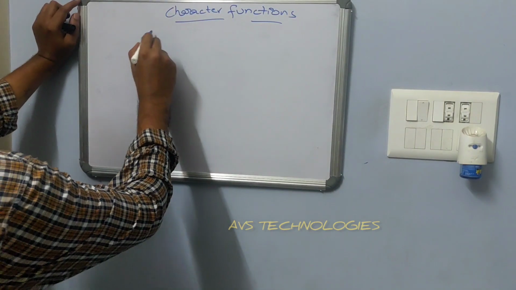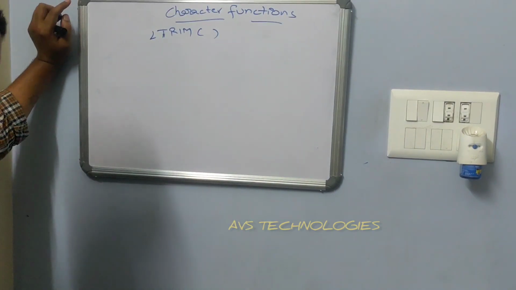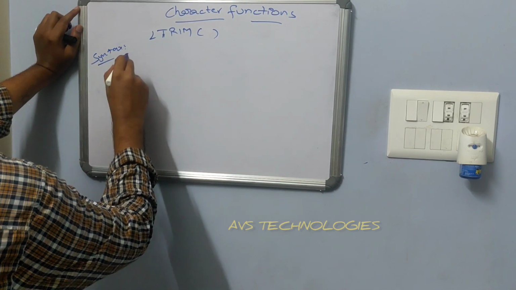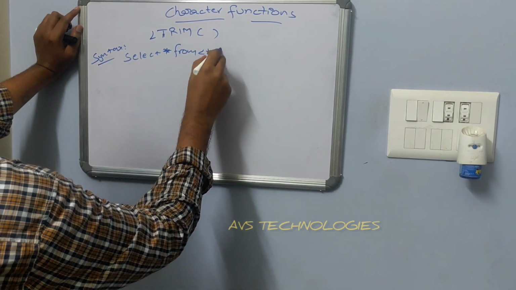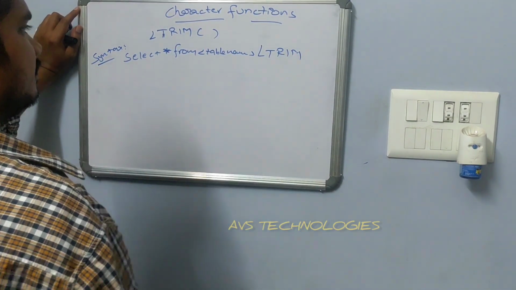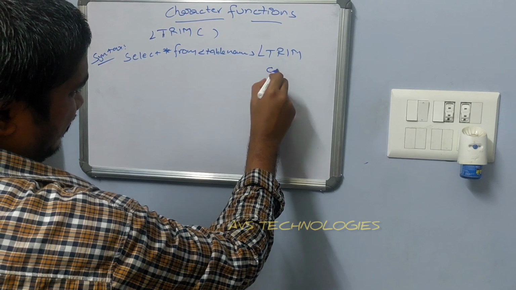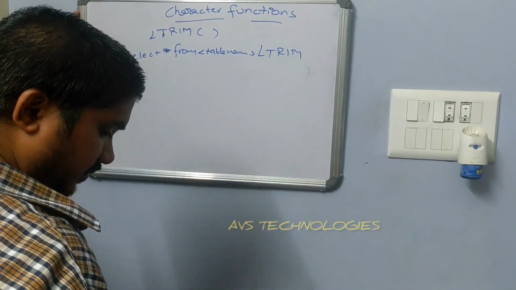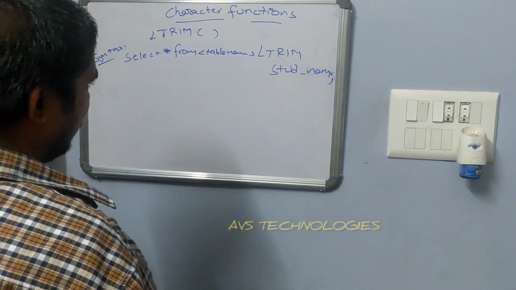Next one is ltrim. The syntax for this is select star from table name, ltrim student name, semicolon.